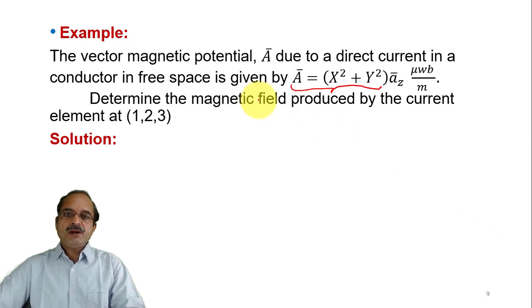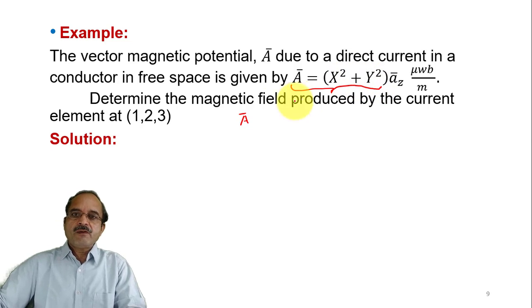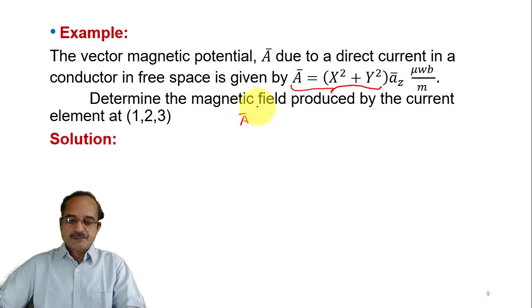Determine the magnetic field produced by the current element at point 1, 2, 3. So here A is given as x square plus y square, oriented in the z direction, that is Az, in microweber per meter.